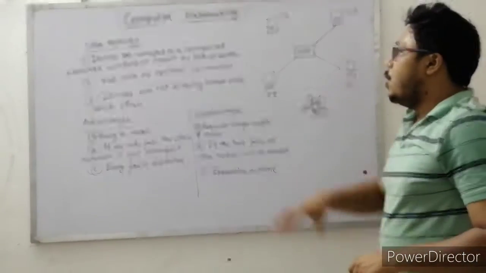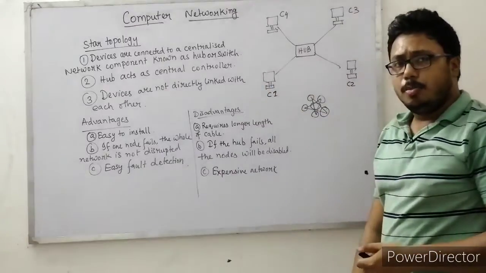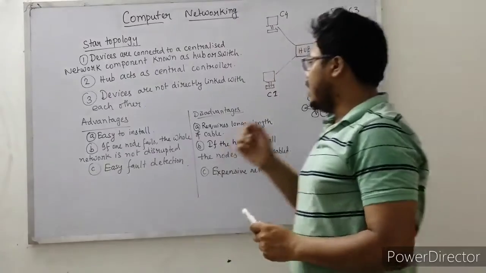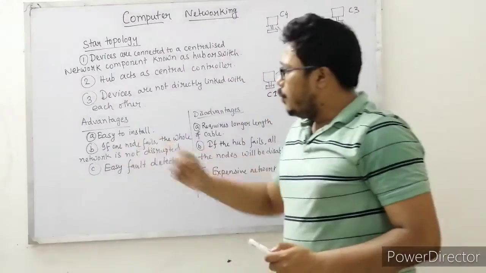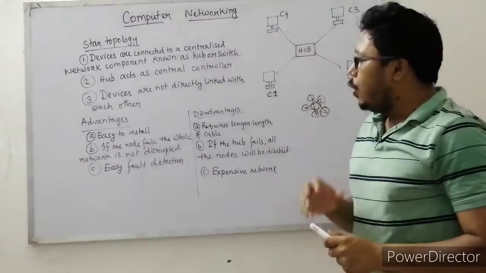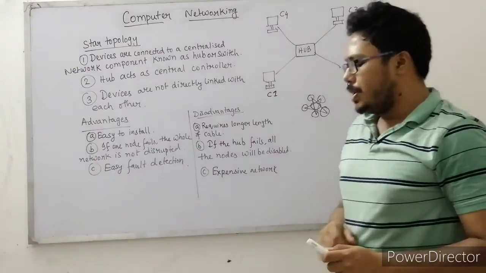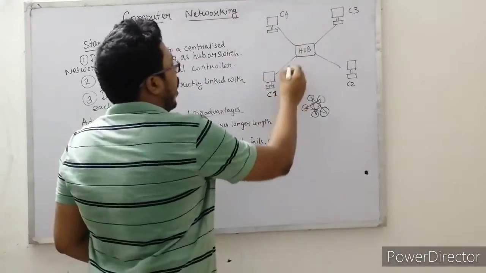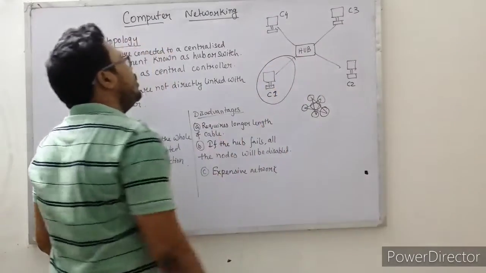Yes. Now, what is the advantage of this topology? See, it is easy to install. If one node fails, the whole network is not disrupted. Suppose this node, the C1 node, gets disrupted.